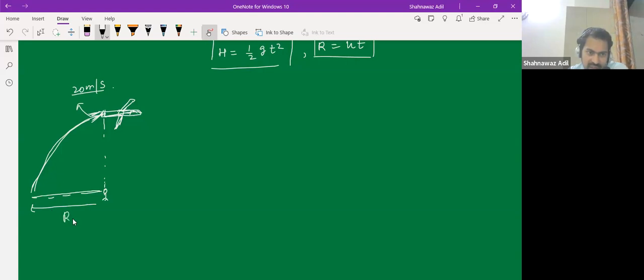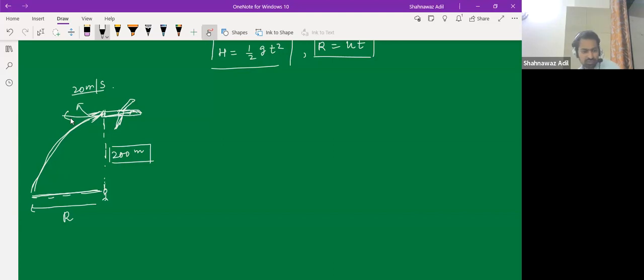We have to calculate this range, the distance the boy has to cover. The height of the plane is given, which is 200 meters, and the initial velocity is also given. This is when this problem comes in hand. Is this clear?